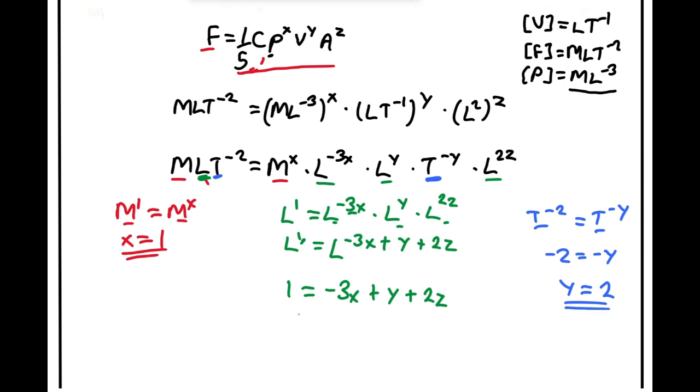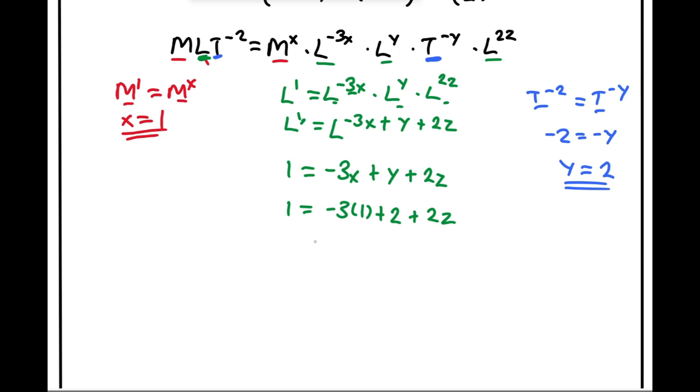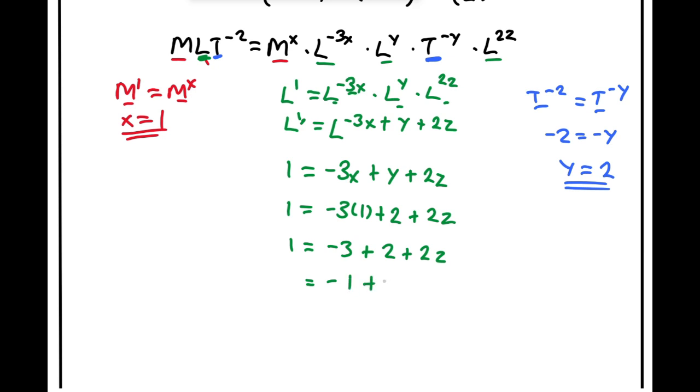Now with this, we can find the value of z, because we found x, which is 1, and we've also found y, which is 2, plus 2z. This gives us 1 is equal to -3 plus 2 plus 2z. Simplifying this side, we have negative 1 plus 2z is equal to 1.